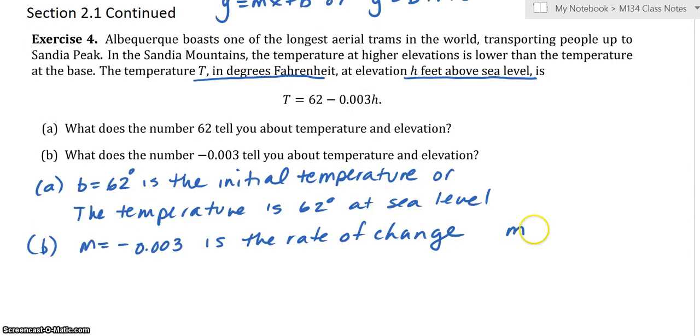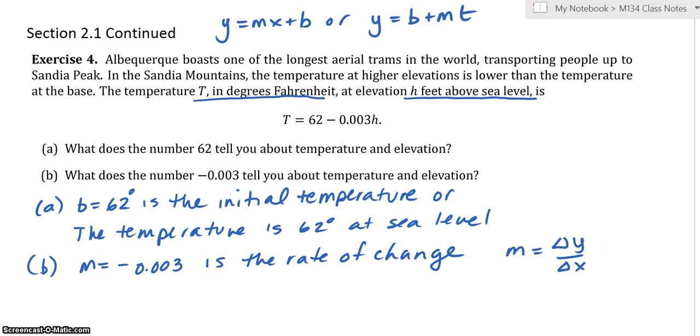And if you remember, the rate of change, which is called m, is the change of y over the change of x, and the y, or in this case, the change of T, the y is the T, and the x is the h. This is in degrees, so this would be a degree here, and the h is in feet, so this would be like saying 1 foot.